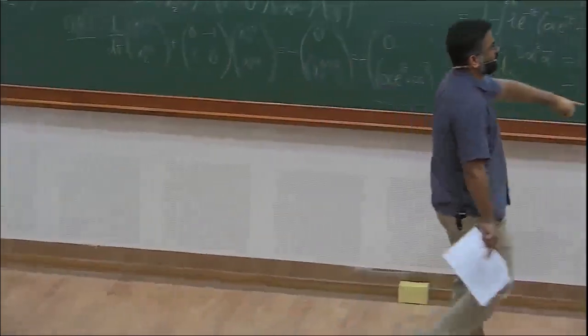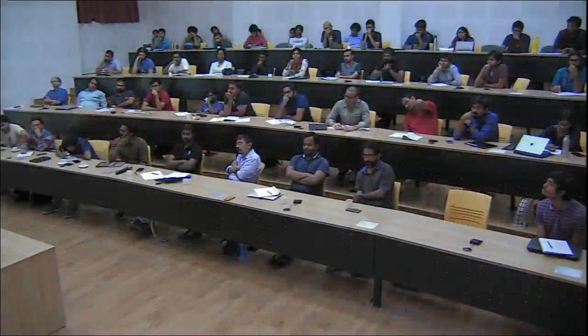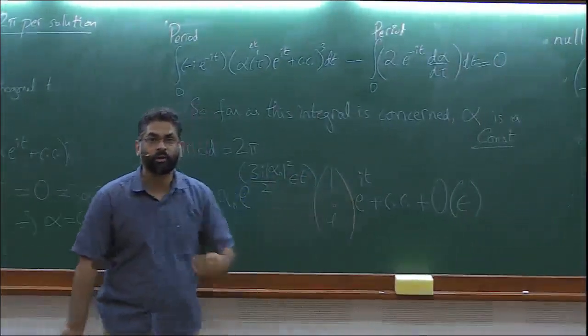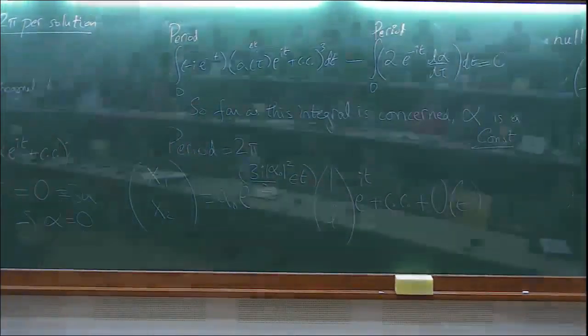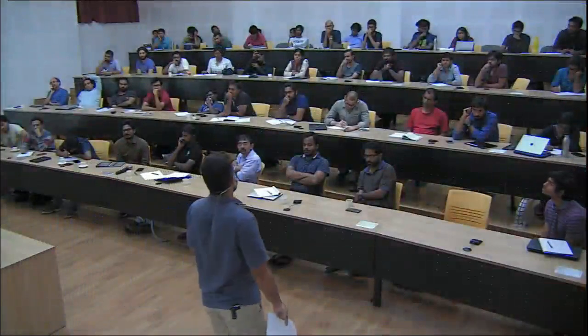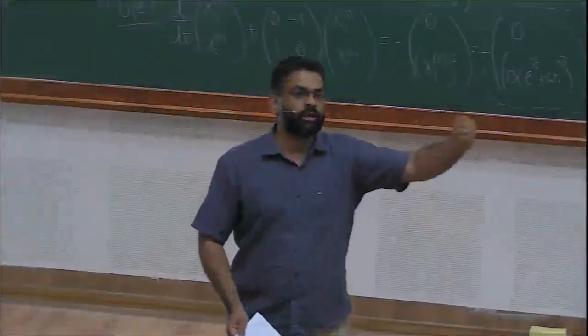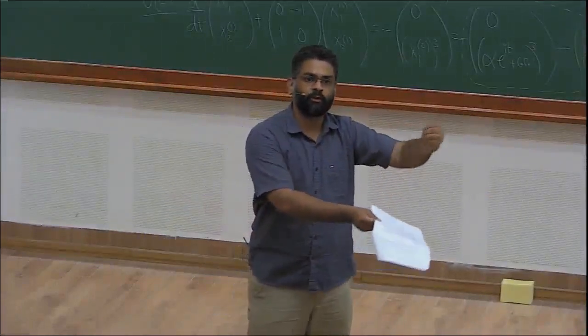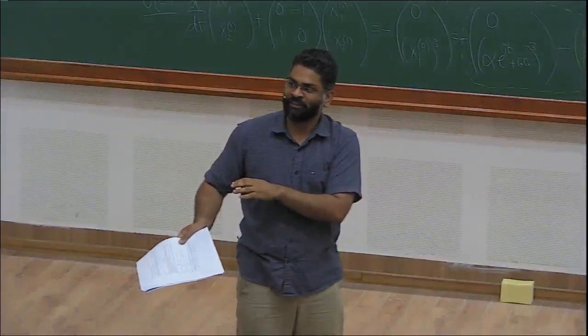Because this is a modulation of the frequency 1. Right? So nonlinearity modulates and introduces higher frequencies. Effectively, it's producing integer multiples of 1, and it's producing rational multiples of 1 for the amplitude.